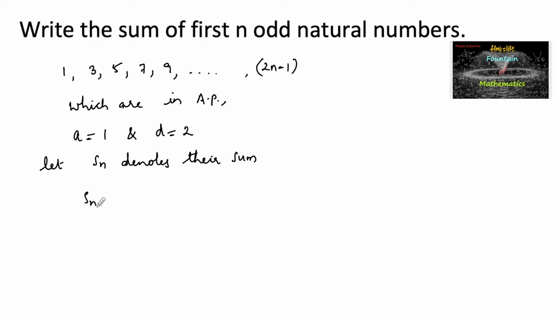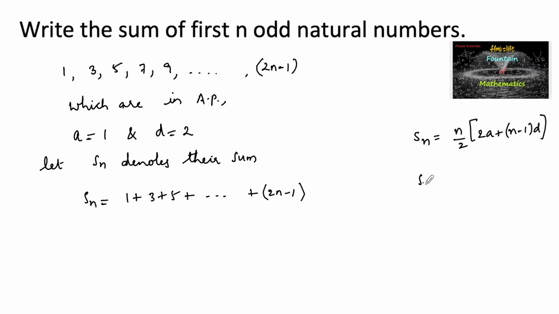So we have Sn is equal to 1 plus 3 plus 5 plus, and so on, 2n minus 1. And since we know the sum to n terms in AP is Sn is equal to n by 2 into 2a plus n minus 1 into d, or we can write Sn is equal to n by 2 times a plus the last term l. So here the last term l is equal to 2n minus 1 and first term a is equal to 1.